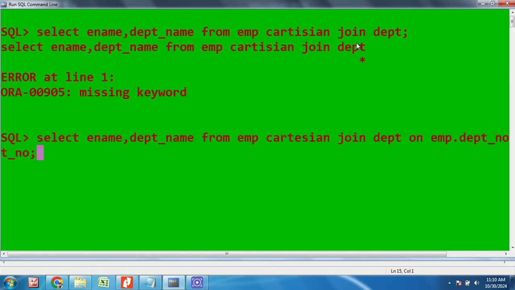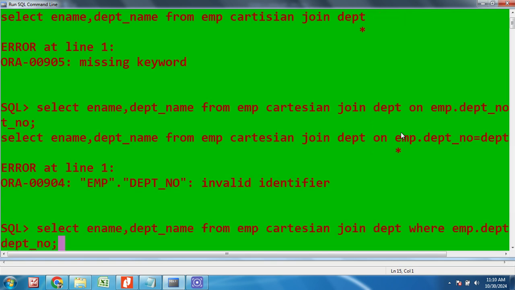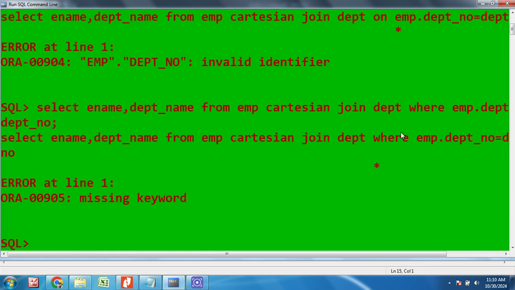So we cannot write like this also. Select ename, dept name from emp Cartesian join dept on emp department number and dept department number. Instead of on, can I write where? This is also wrong syntax.